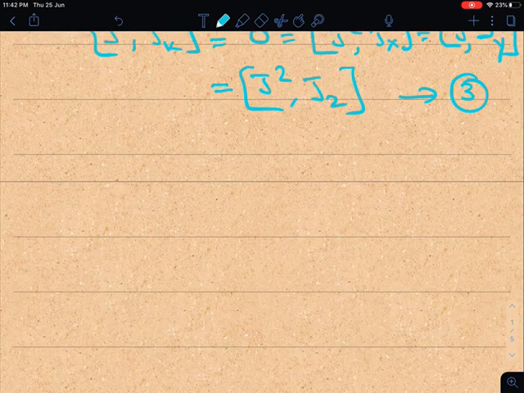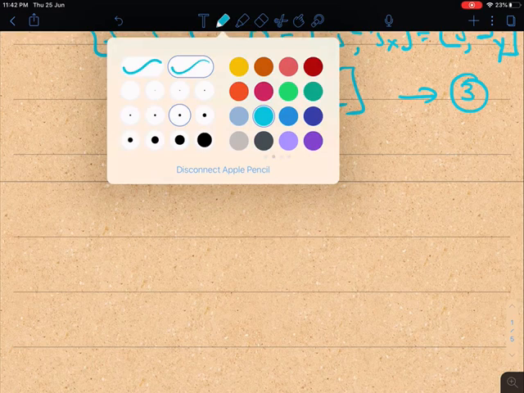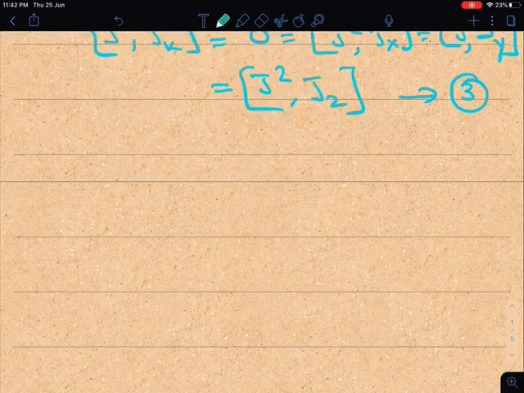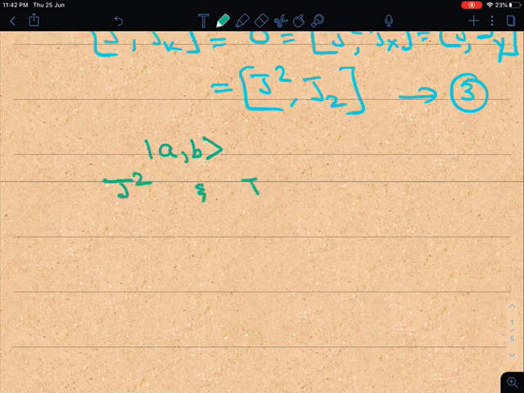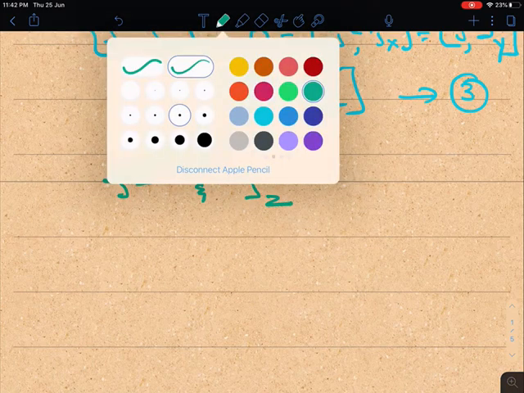In the third one, we talked about the simultaneous eigenket, |a, b>. It is a simultaneous eigenket of both J square and Jz.